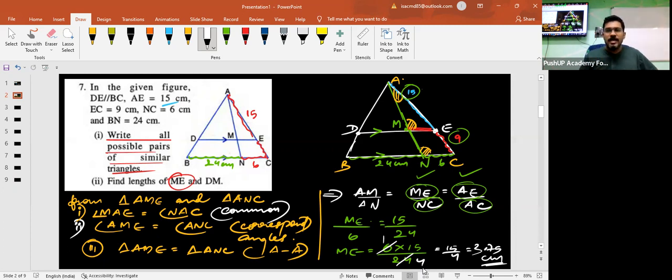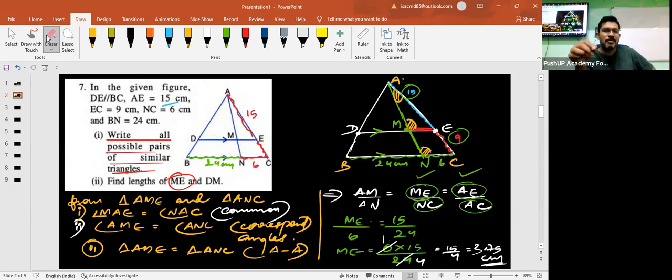Children, shall we take ADE and ABC? That is very deceptive, no, children? Because you had to find DM, and you know that DM is a part of triangle ADM, and you also know that ADM and ABN are similar to each other, because earlier in the beginning we had discussed about it. You will be prompted to use those two triangles.